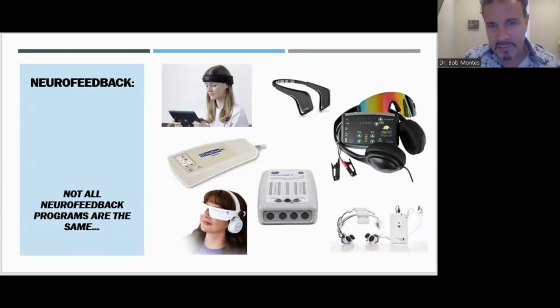What you see here on the screen are various devices that are referred to as neurofeedback. And this is a lot of cool equipment that I actually own myself. They're very helpful for doing it in the off times. But a lot of these are meant to aid in smaller attempts of brain change, such as alpha theta training, using binaural beats.